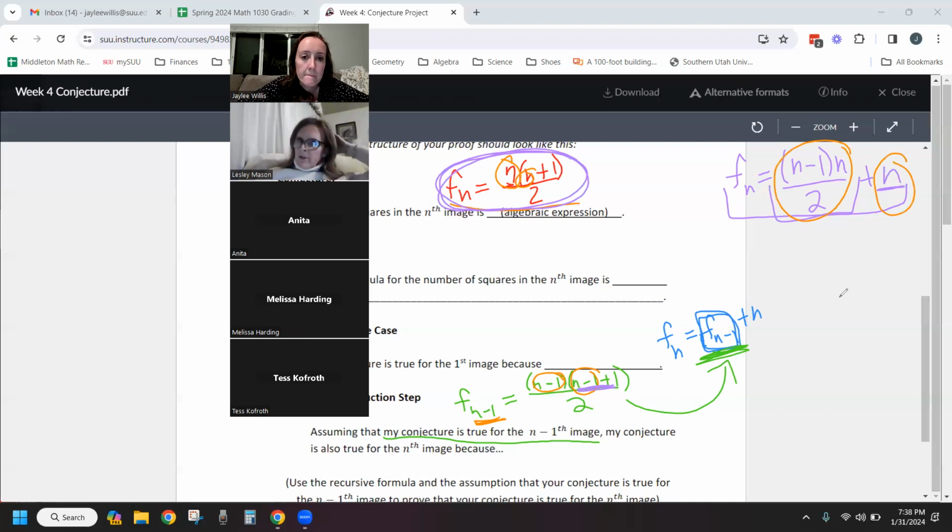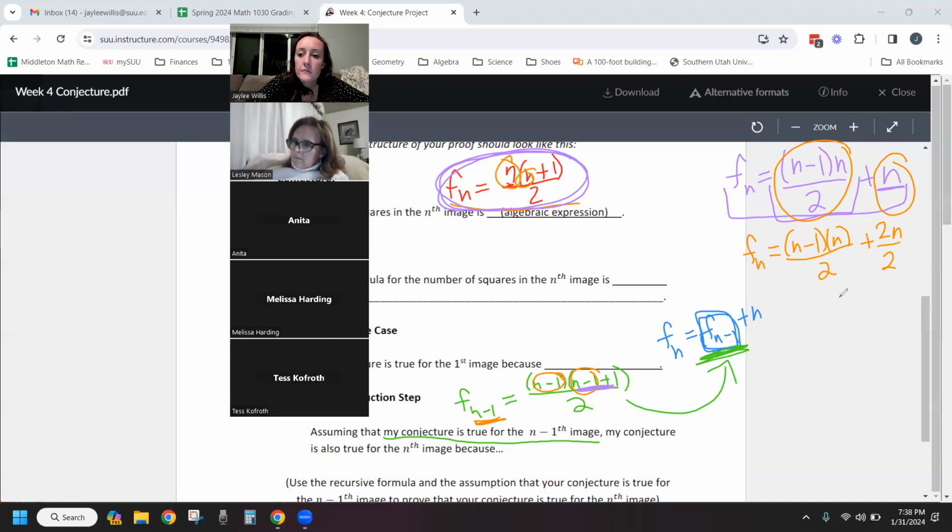Same denominator. Perfect. So what would the common denominator be in this case? Perfect. So that means I could rewrite this from the purple one to the orange one as n minus 1 times n all over 2 plus 2n over 2. And once you have common denominators, you can add them together, right?